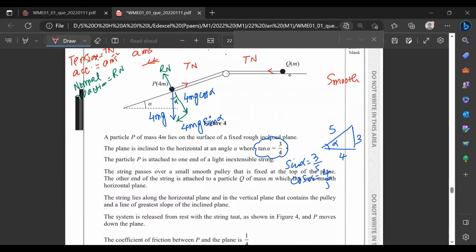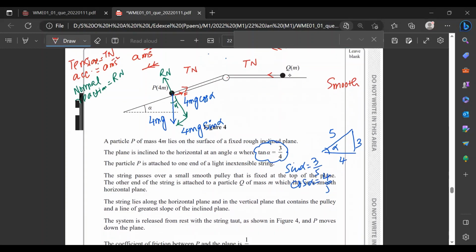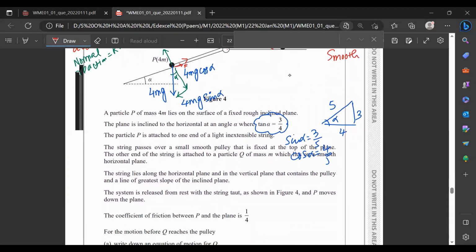So where is the friction? Friction is acting here in this direction, opposite to the direction of motion as it is coming down. For the friction, we have the formula mu R. Mu is given as 1 over 4.